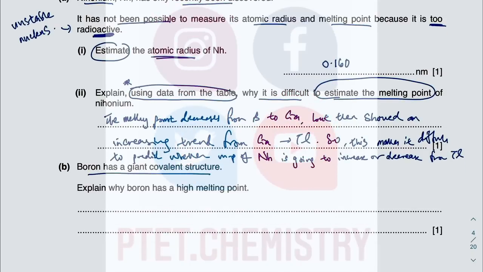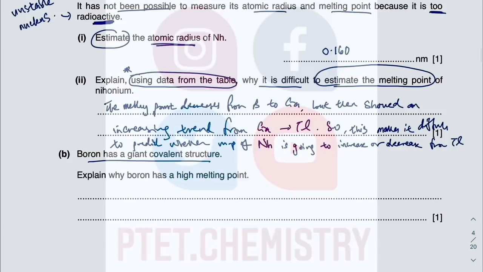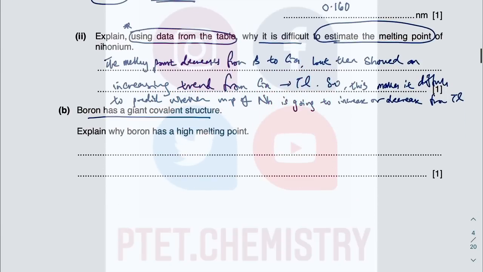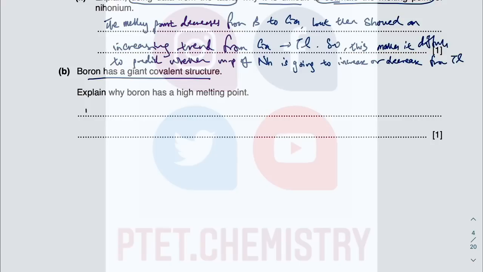Next bit, boron has a giant covalent structure. Giant covalent structure is the same as what we describe as giant molecular structure. You have to describe what you are breaking that leads to the high melting point. It already gives you the structure.